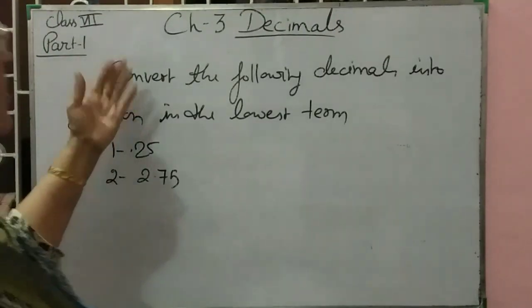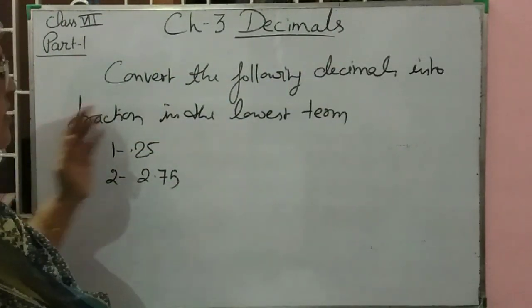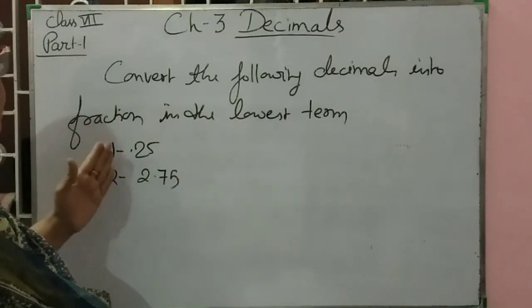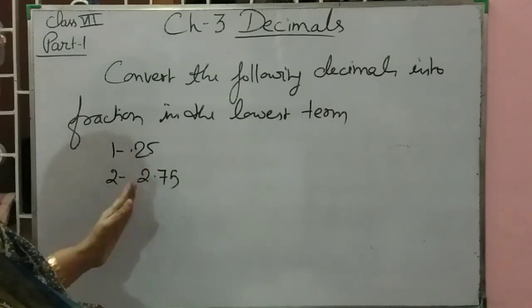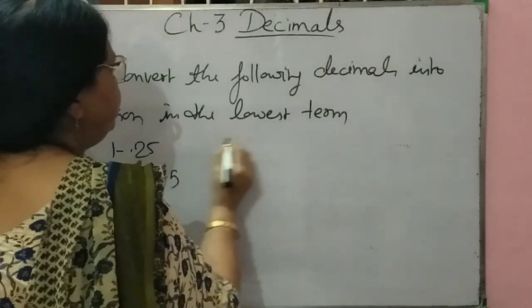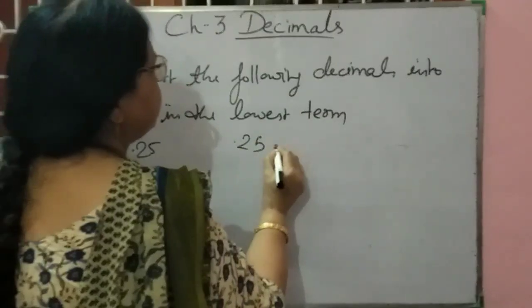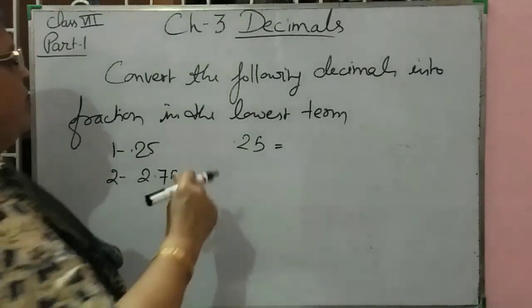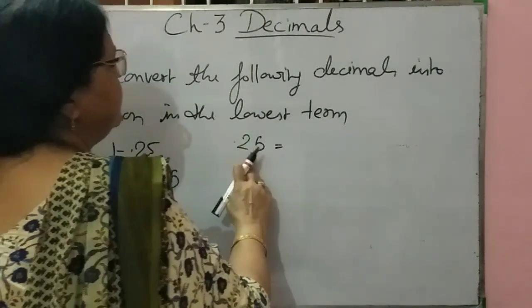Question is saying convert the following decimals into fraction in the lowest term. You have two numbers, 0.25 and 2.75. Start from 0.25. No need to see here.